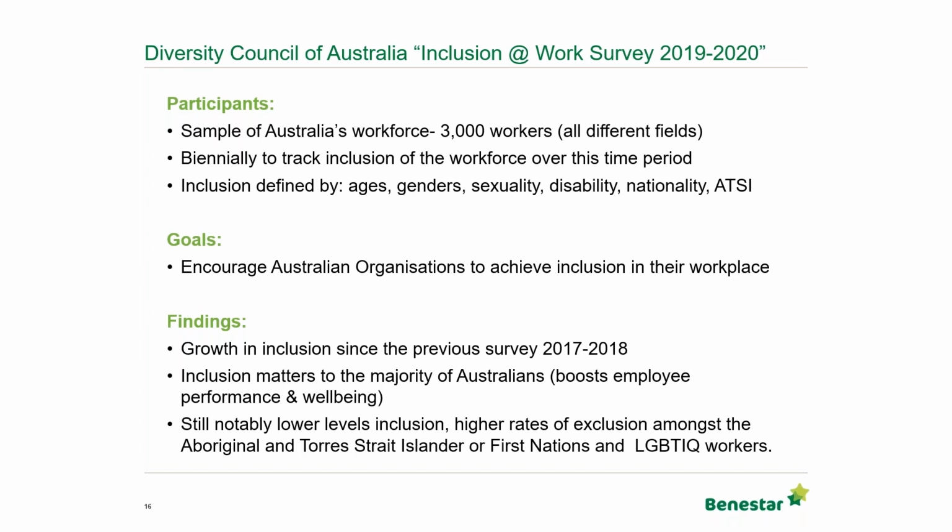So we've got a whole blend of people that make up a representative sample of Australian workers. The goal was to encourage the Australian organisations to achieve inclusion in their workplaces. And as I said, because they're going to track it biannually, we can see how that either improves or it goes down and reduces in the level of inclusivity.